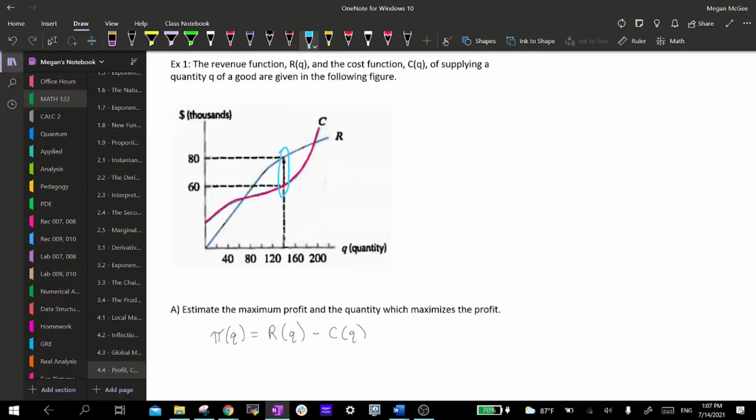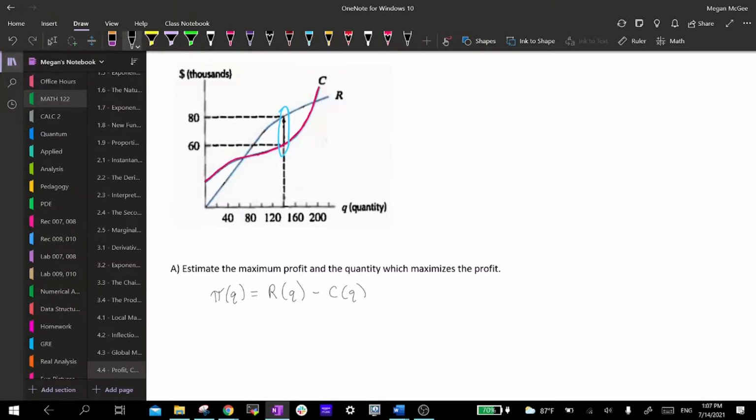So our maximum profit looks to occur around Q is equal to 140. The profit at 140 is going to be the revenue at 140.